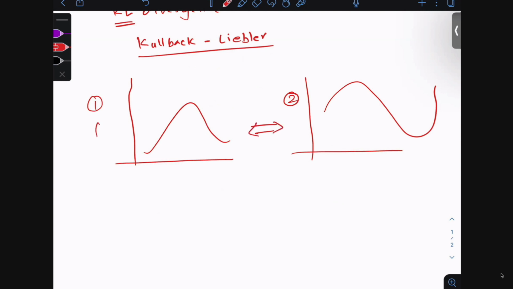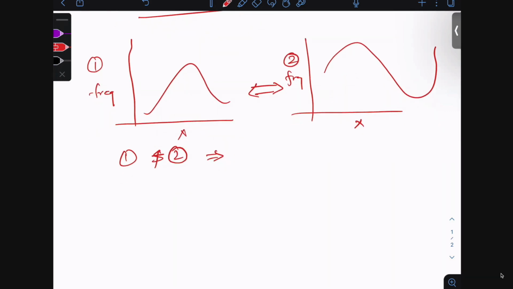This is my frequency, and this would be my x variable. How dissimilar are 1 and 2, and why is it needed, why is the similarity or dissimilarity important?